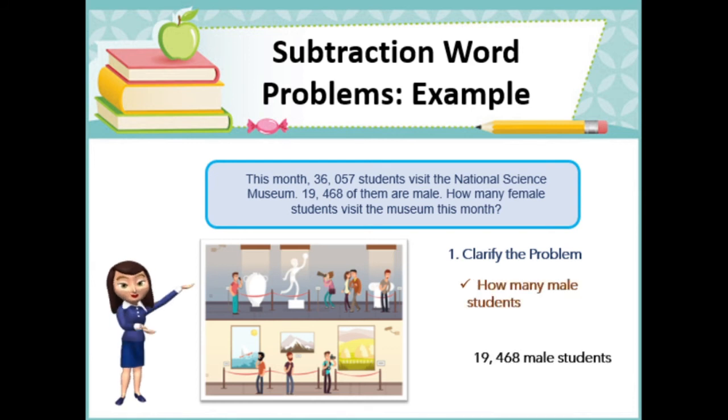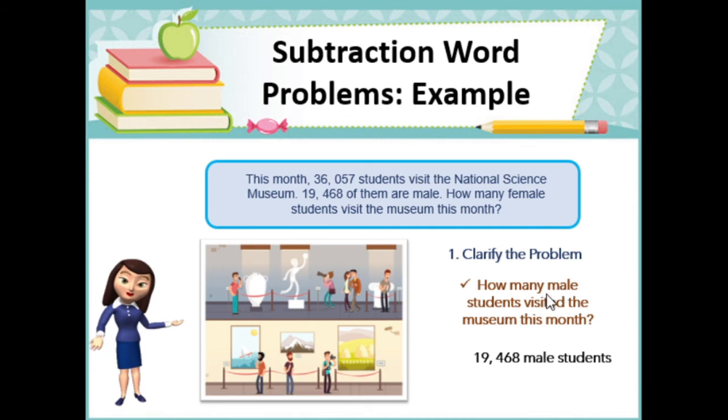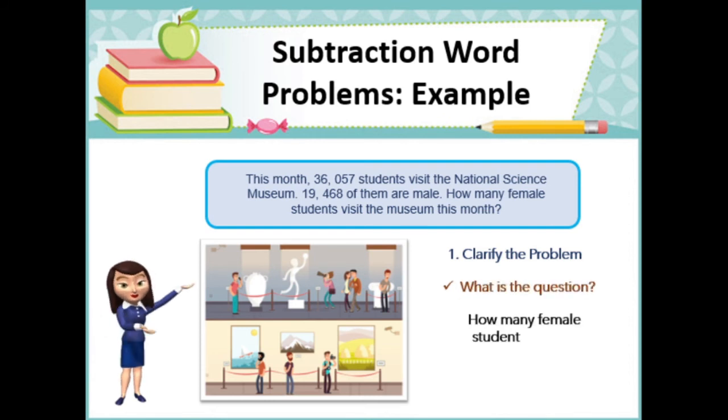Third, you may also ask how many male students or boys visited the museum. It is shown here that it's 19,468 male students. However, we don't know the number of females.